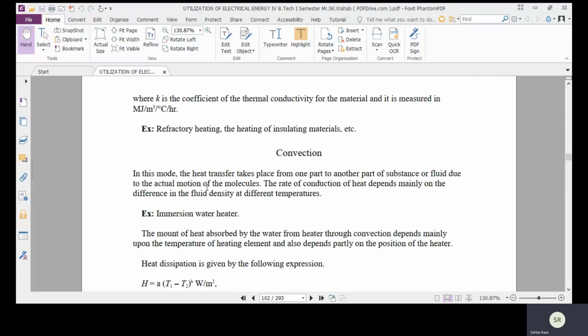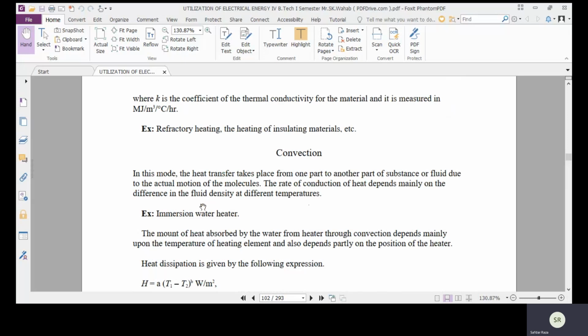So in all types of fluids, there is a convection form of heating. The rate of convection of heat depends mainly on the difference in the fluid density at different temperatures. In conduction heating, there is the temperature gradient. However, in convection heating, there is a fluid density difference, where every molecule which gets heated up moves away from the heated portion to the colder portion.